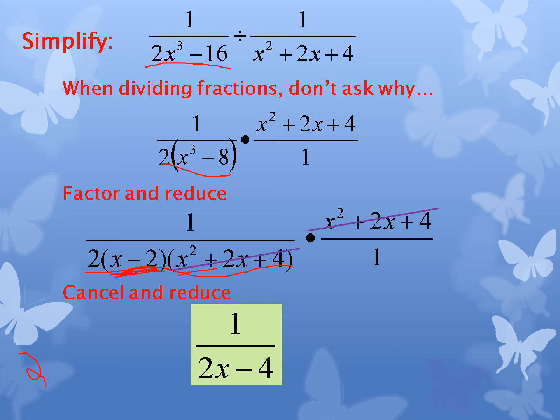Now, this guy, he won't factor. But if you remember back when we talked about factoring and solving sum and difference of cubes, this x squared plus 2x plus 4, which also appears down here, will never solve to be a real solution.